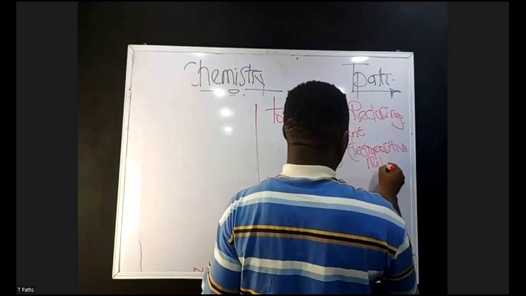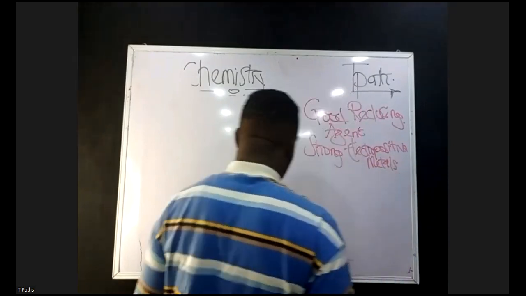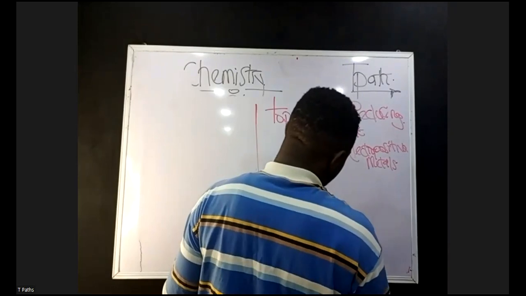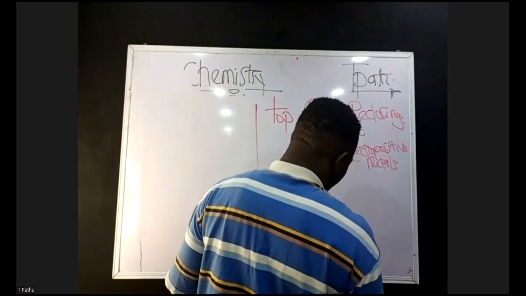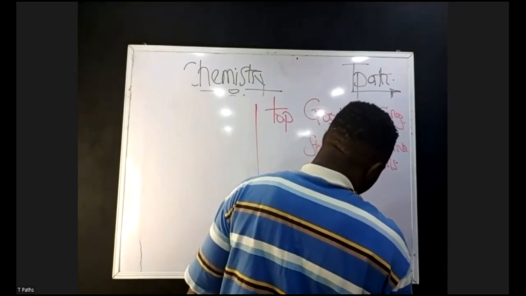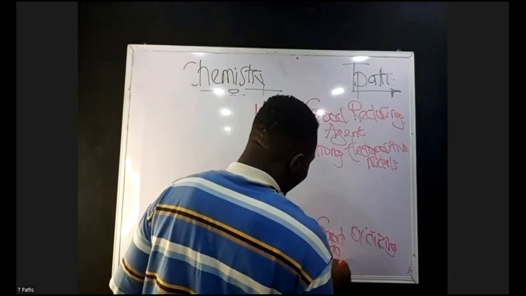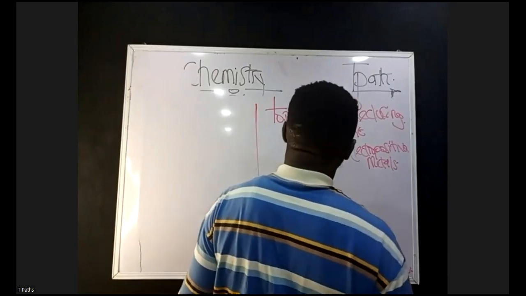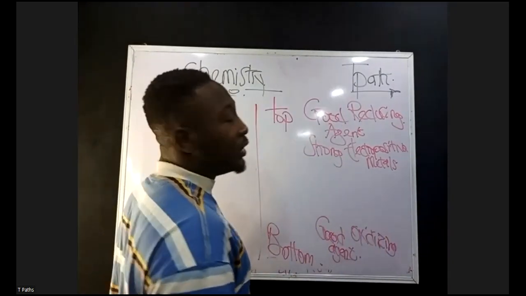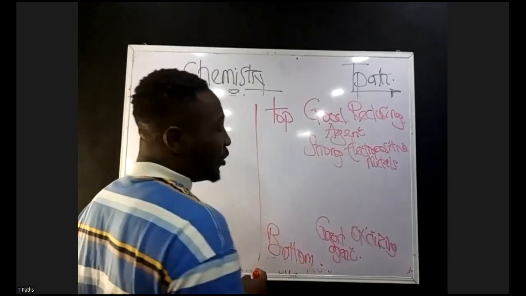And what you see at the bottom is what they call good oxidizing agents. Good oxidizing agents are seen at the bottom.